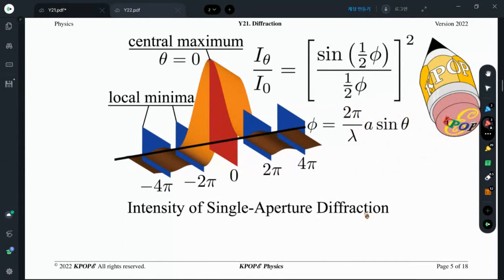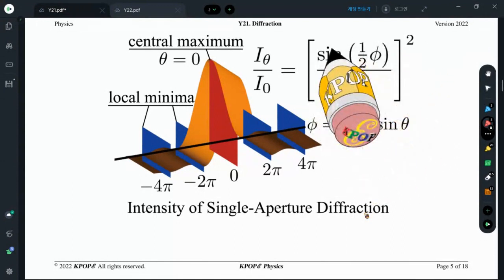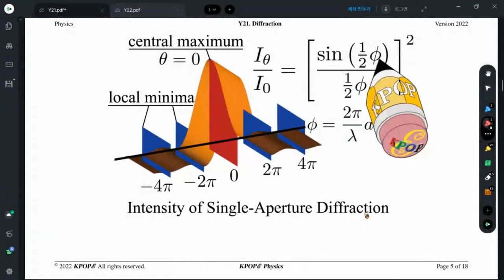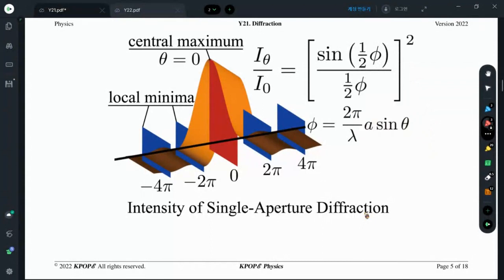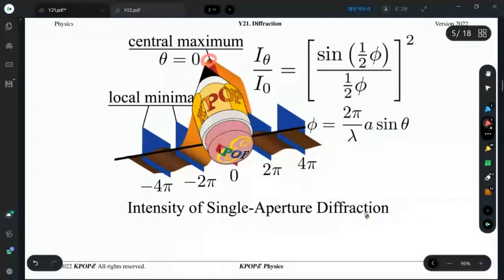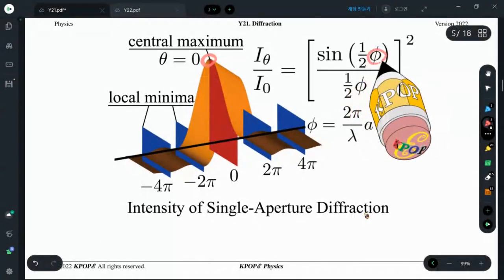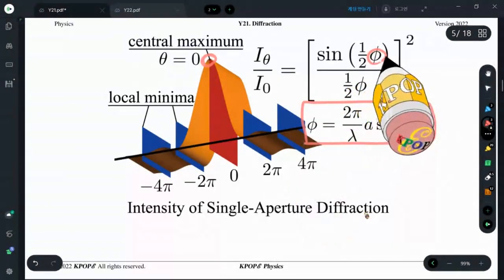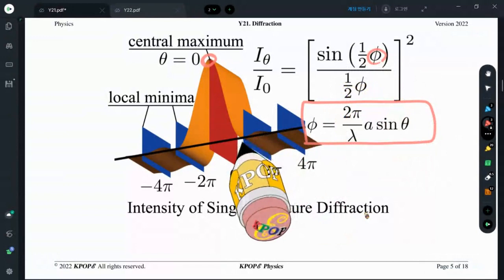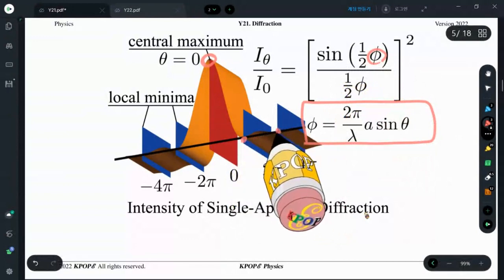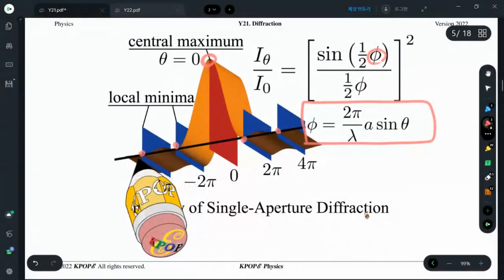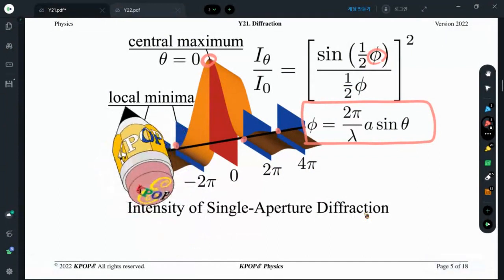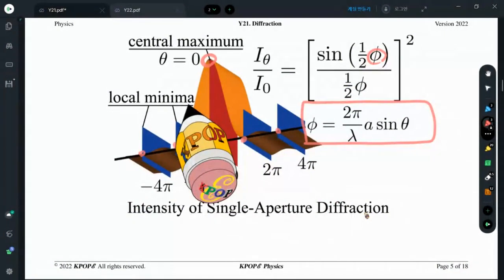squared. If you square the sinc function, still in the limit phi goes to 0, the ratio is exactly 1. Except that as you vary phi that is defined by this one, you will find there are zeros. All of the zeros are called local minima.